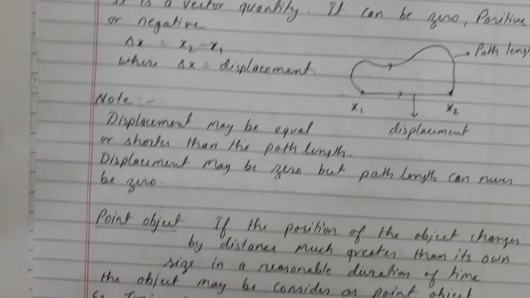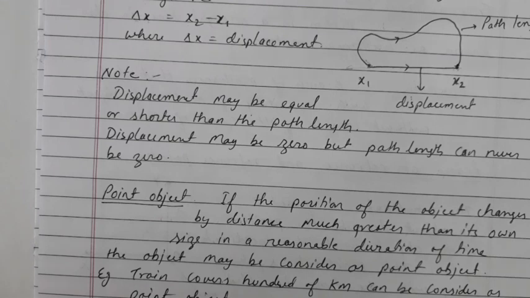Now comes the point object. We are always considering a point object. Now what is that point object? A point object is when the position of the object changes by a distance much greater than its own size. That means if the path covered by the object is very much greater than the size of the object.